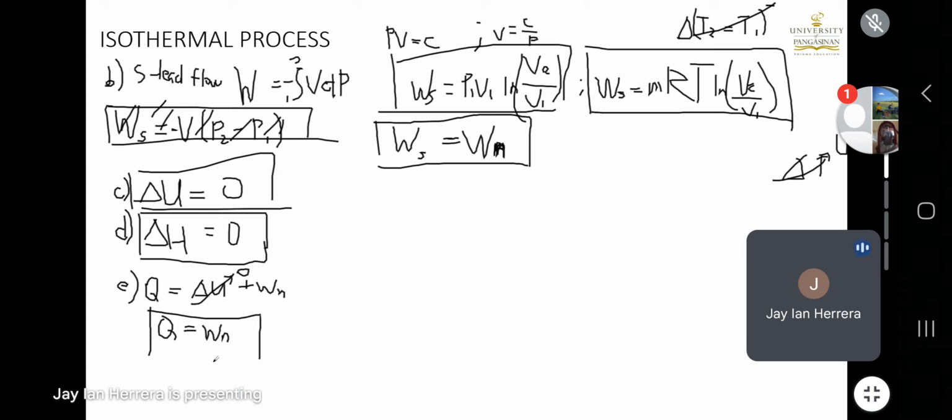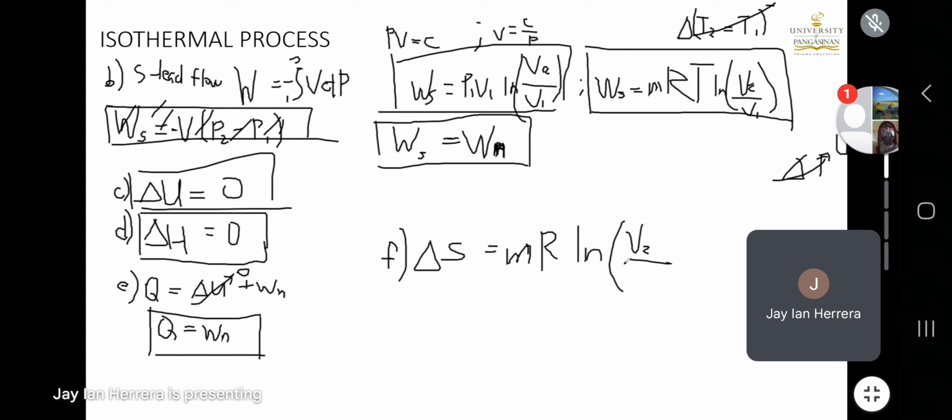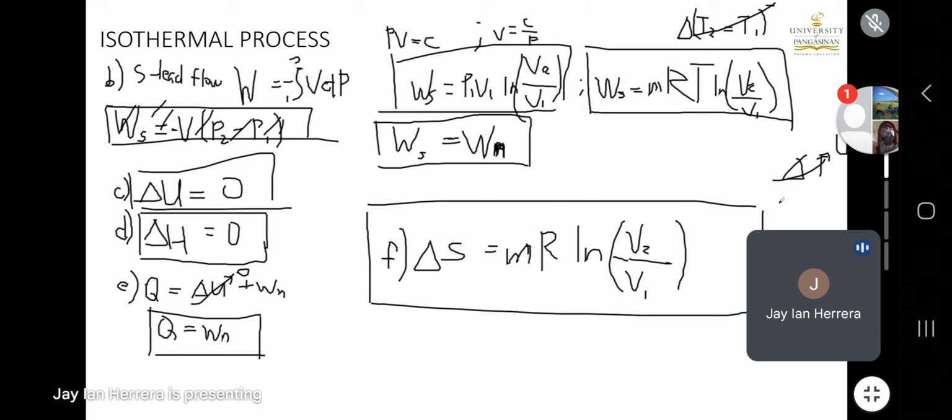This is the general formula for heat or Q. And then lastly, our change in entropy. Change in entropy is mR ln of V2 over V1. Ito yung ating formulas for isothermal.